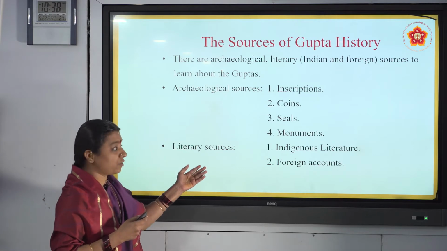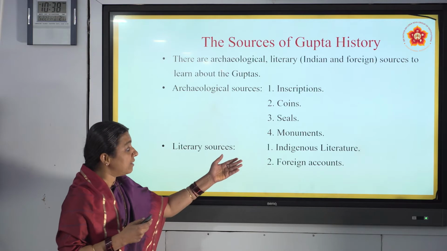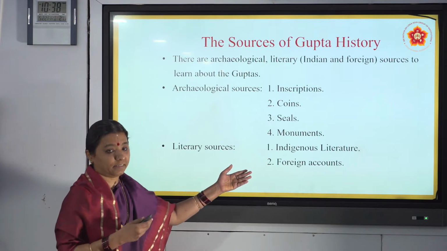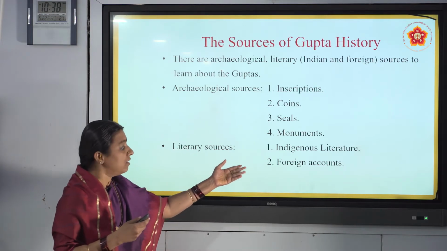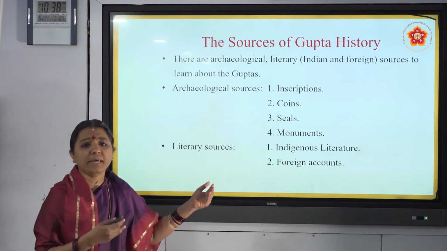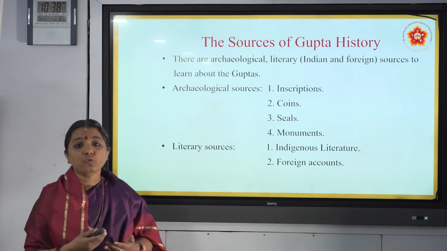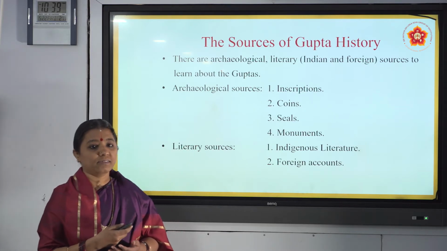And in literary sources, we have indigenous literature, that is literature written by native writers, and foreign accounts, literature written by foreigners. We have plenty of literature as well as archaeological sources to rewrite the history of Guptas.